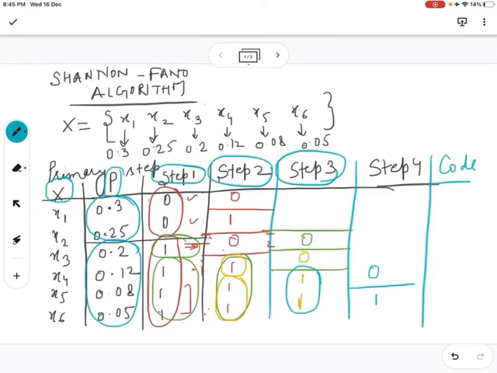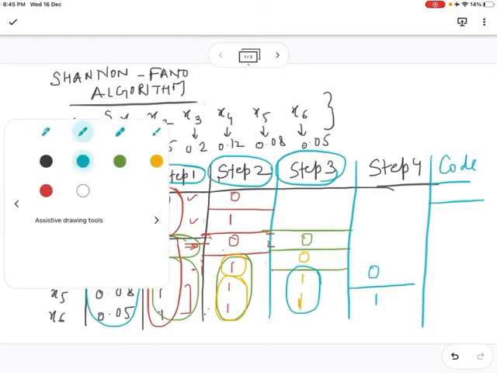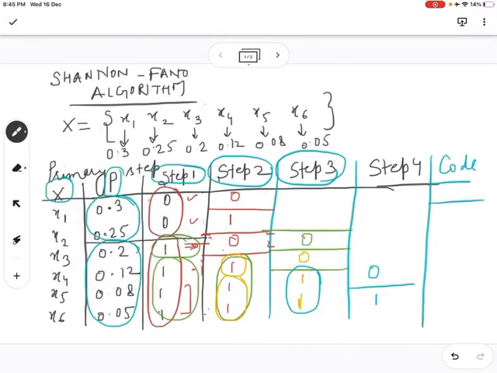Okay, for the final code, I'm taking this black color only. For x1 the code is 0 0. For x2 the code is 0 1.